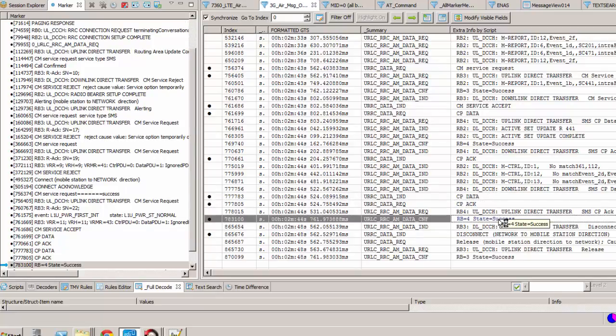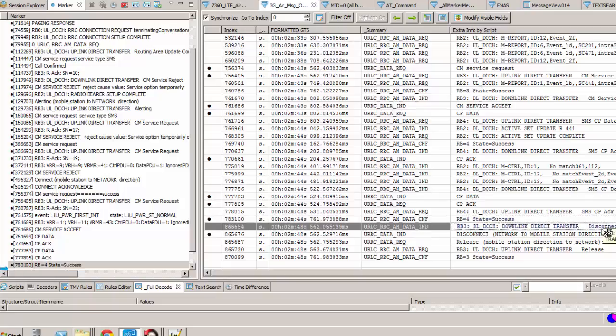RV4 is success, that means the SMS is successfully transferred to the network. Now the call is disconnected, this is for the MT call. The MT call was running before, now it's disconnected, and so this process is completed here.